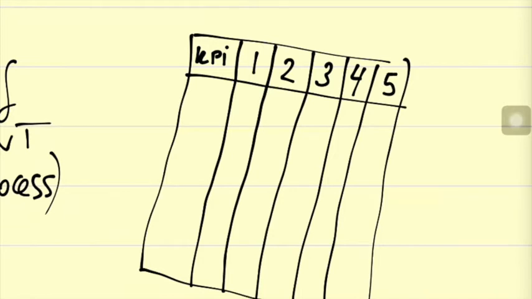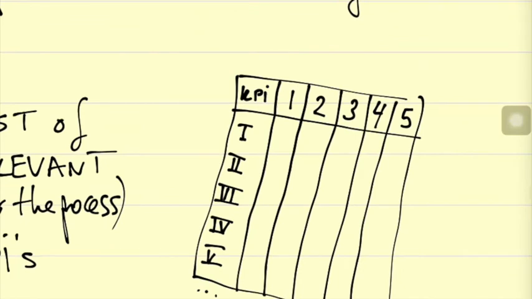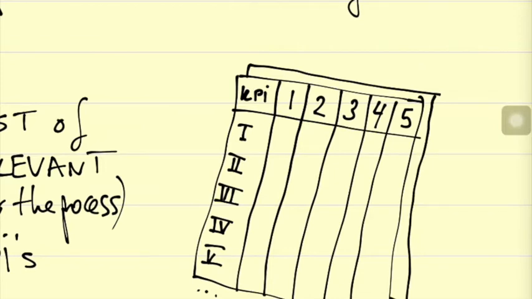And then the list of the KPIs, okay, KPI 1, 2, 3, 4, 5. Okay, so these are the KPIs. And then we have 5 relevant characteristics for each KPI. So what are these 5 characteristics?